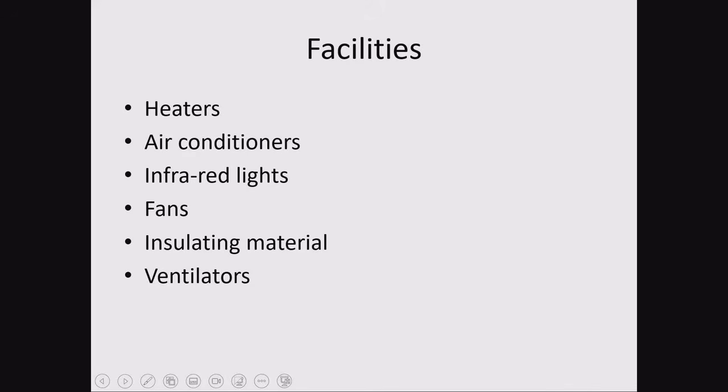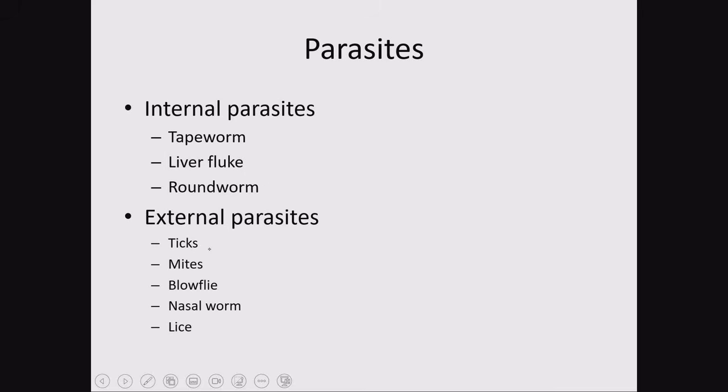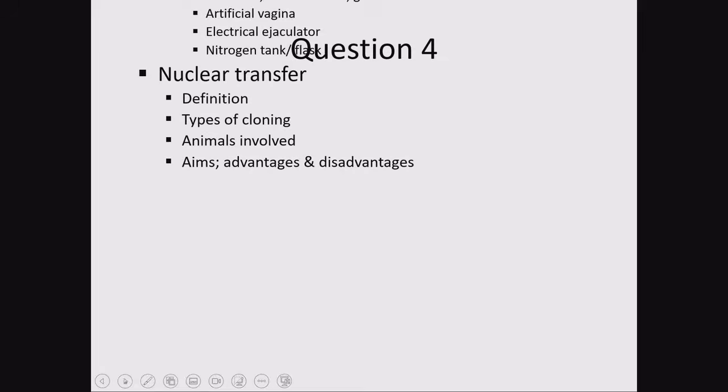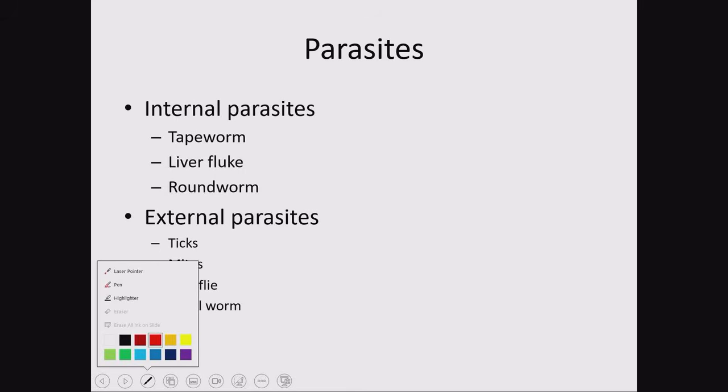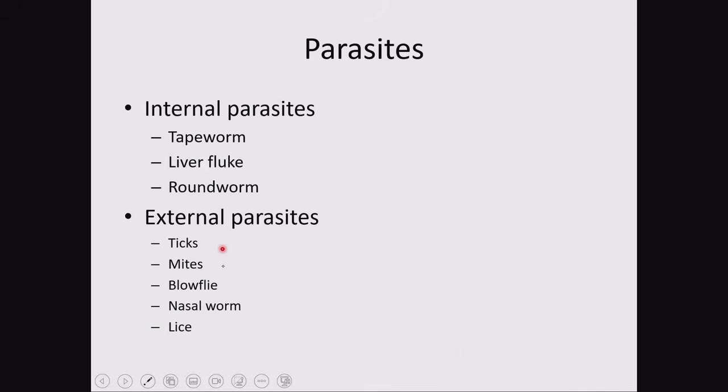Examples of external parasites: ticks. We also have mites. We have blowfly, nasal worm, and lice. I won't go much into this because I don't have enough time, but mostly on the mites, you must know. Remember that mites are microscopic, meaning that you cannot see them with your naked eye.